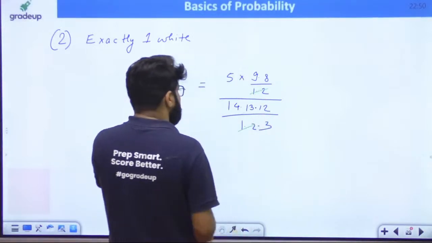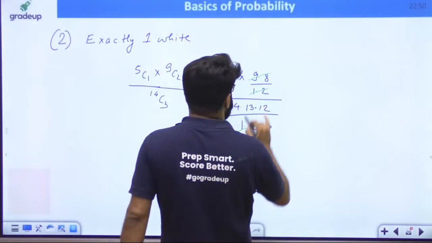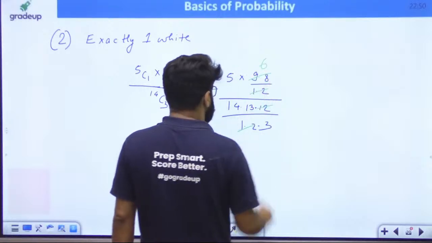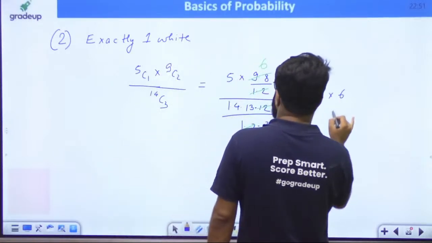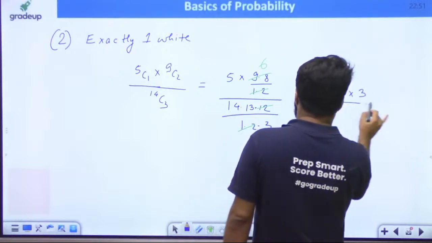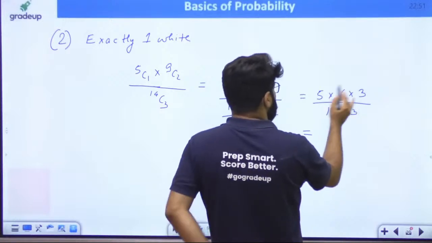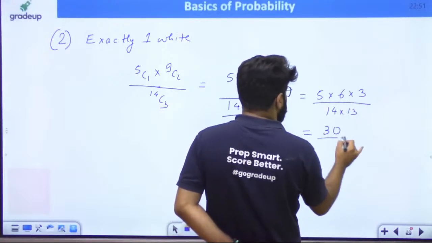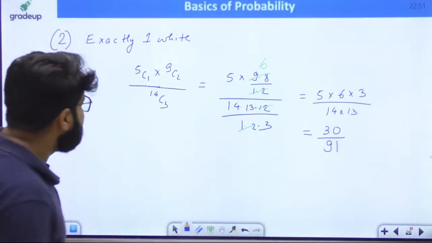This is cancelled away. Now, what is the answer that is straight away expected? 9 into 8 is 72. Isko cancel kiya seedhe 6 se. And then the numbers that are left in front of me is 5 into 6 into 3 divided by 14 into 13. 5 3s are 15, 15 2s are 30 divided by 91. Ek baar check kariye. 45 by 91 ho raha hai kya?